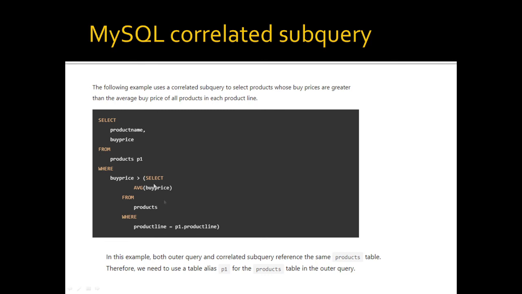P1 refers to the products table of the outer query. Since we need the data from the outer query, it's called a correlated subquery. We cannot execute this as a standalone subquery.